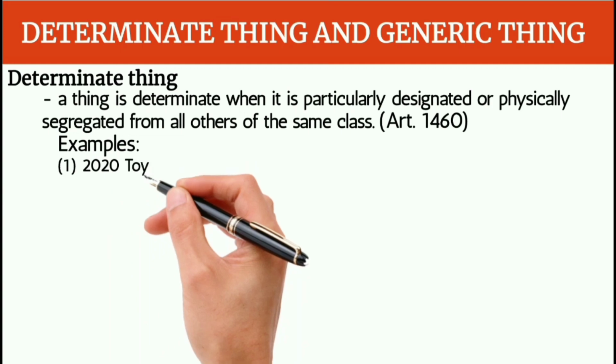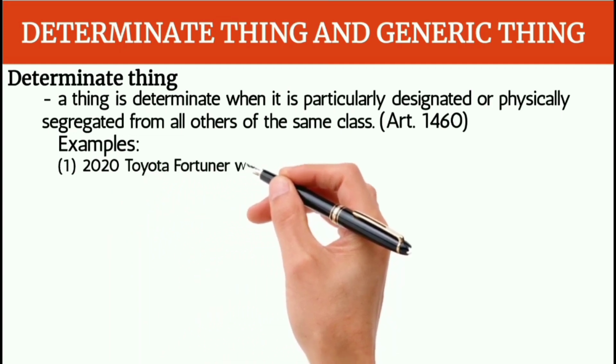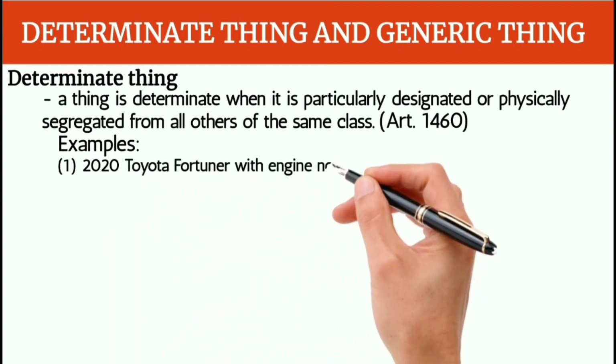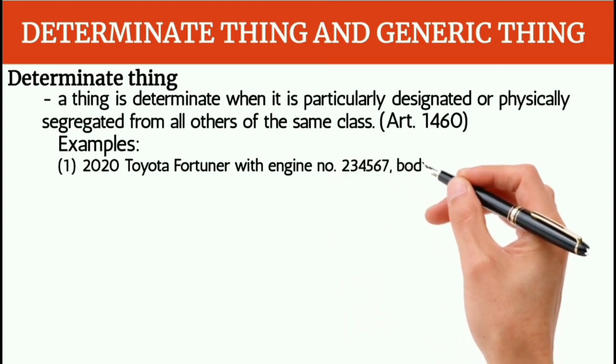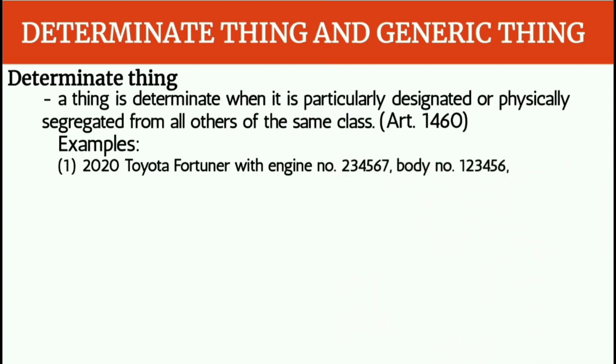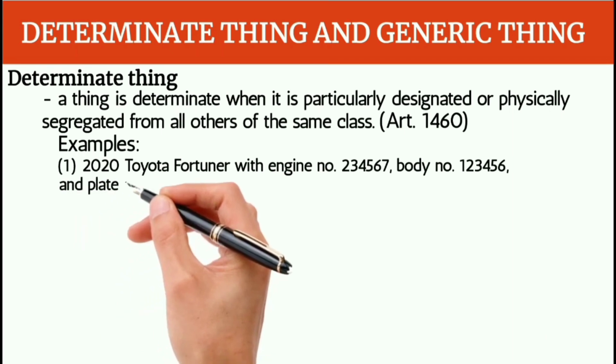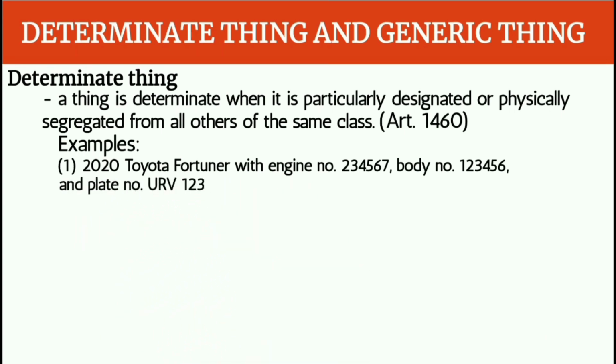First, 2020 Toyota Fortuner with engine number 234567, body number 123456, and plate number URV 123. Kahit tanggalin natin yung engine number dyan at body number dyan, kahit ang matira lang ay 2020 Toyota Fortuner with plate number URV 123, masasabi mo na itong thing na ito ay determinate.